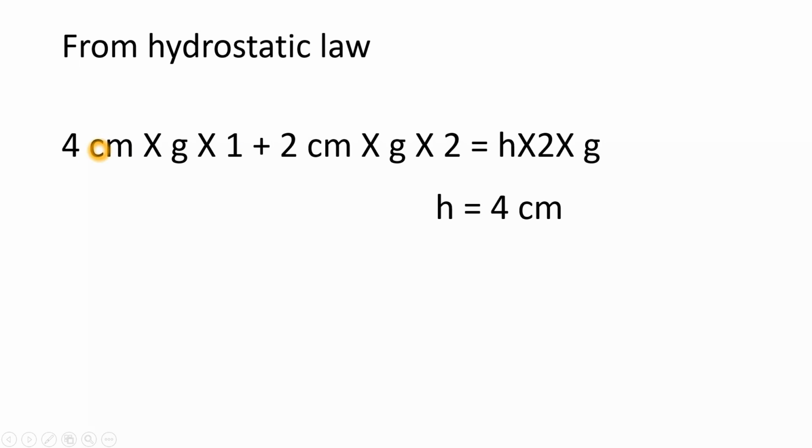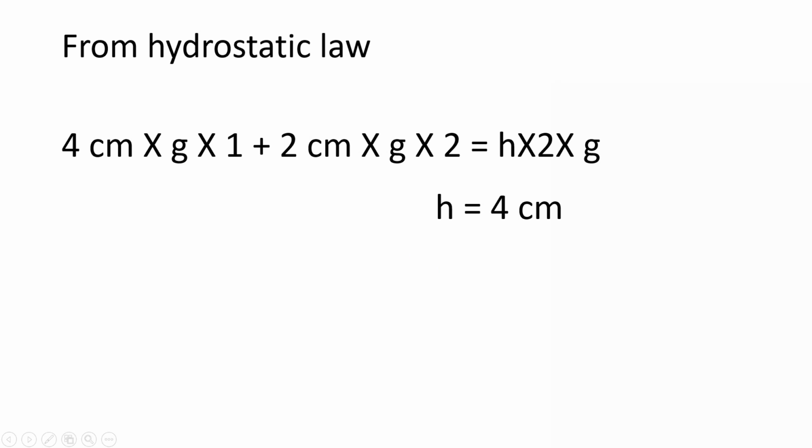If you convert it into meters, there is also no problem. Since specific gravity has no unit, and g has units of meter per second squared, g will cancel out, so we have no problem with the centimeter, right?